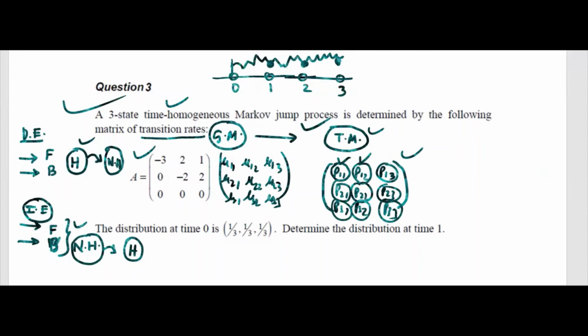You will come across problems where the integral equation will be much easier as compared to the differential equation. So there are 4 ways. It depends. In some cases, this one will be easier; in some cases, this one will be easier. In an exam setting, mostly if you see the questions, they will guide you towards a particular way of doing. It's not that randomly you have to pursue.